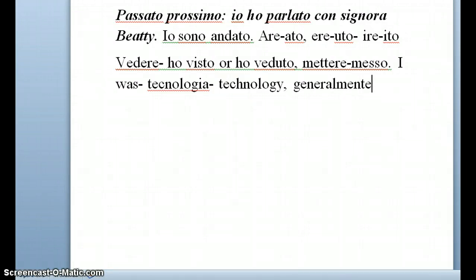But I had the rule in my mind that adverbs are formed with mente. Okay. So this translates then to generally, because generale and mente combine to form generalmente, which means generally, because it's an adverb and mente tends to mean ly.